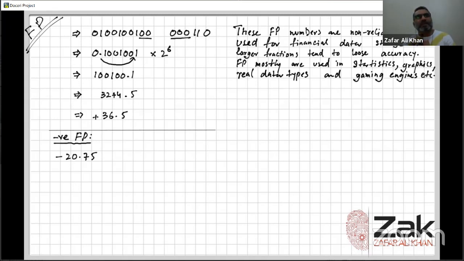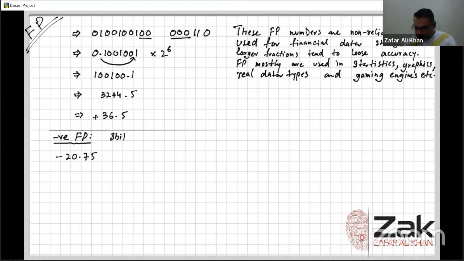So the rule says to ignore the sign and solve it like a positive number, and afterwards, once you find the answer, we will do something with it. If you remember from 2's complement, the flipping rule: go from the right side all the way to the first one, keep the bits from the right side up to the first one the same, and toggle the rest towards the left. That we will use in the mantissa to convert this number back to its negative form.